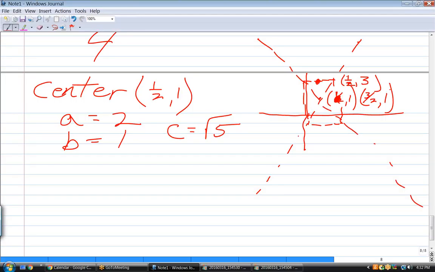Well, notice that those diagonals are straight lines. What's the slope of that diagonal? Is it just A over B? Correct.